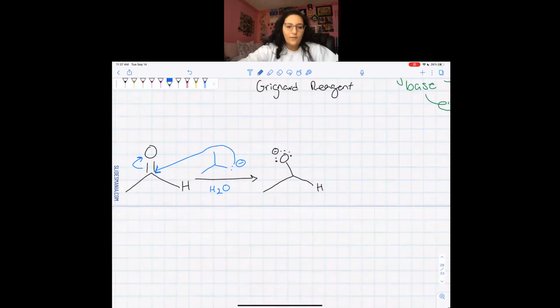So I always, always, always say count your carbons. 1, 2, 3, 4. So we're going to make a bond to carbon 1. Carbon 1 is then attached to carbon 2. And then we have carbon 3 and carbon 4.